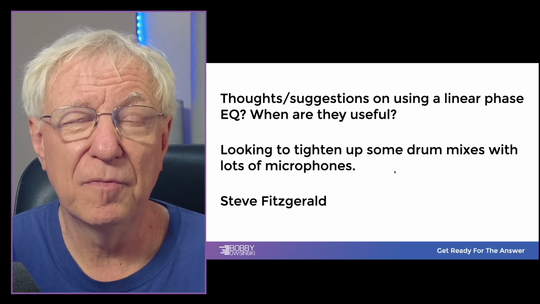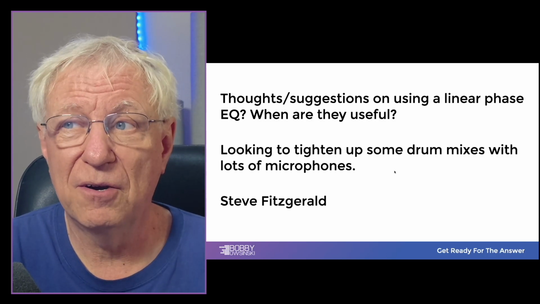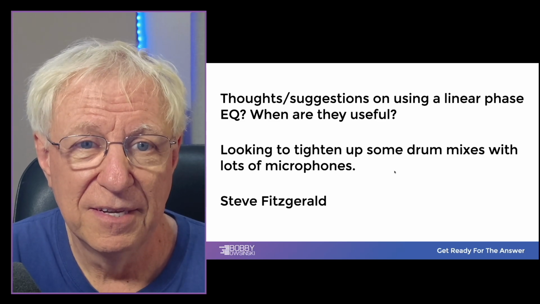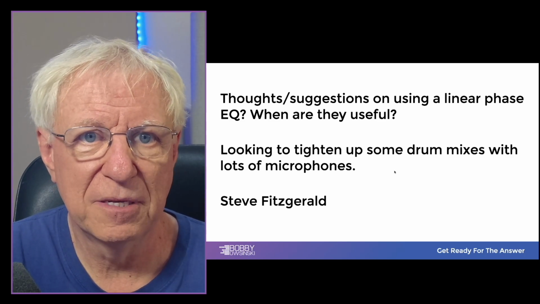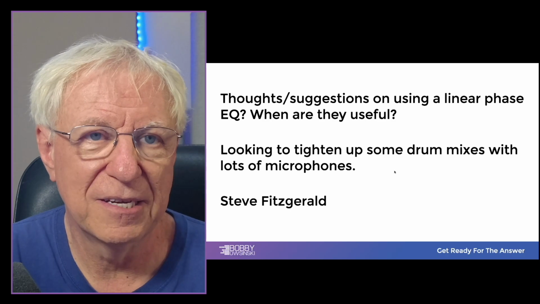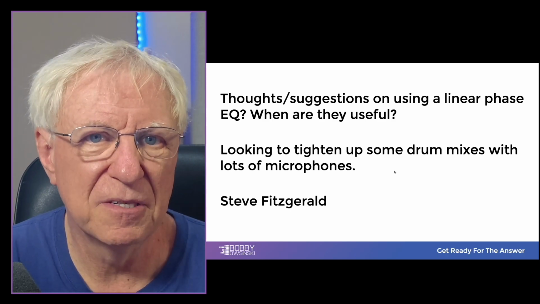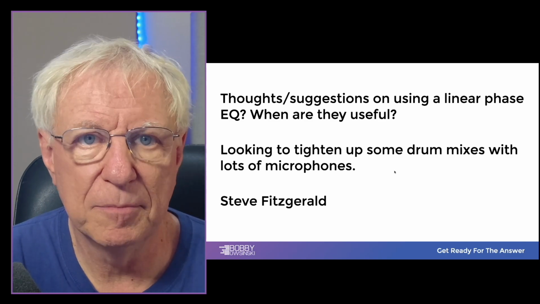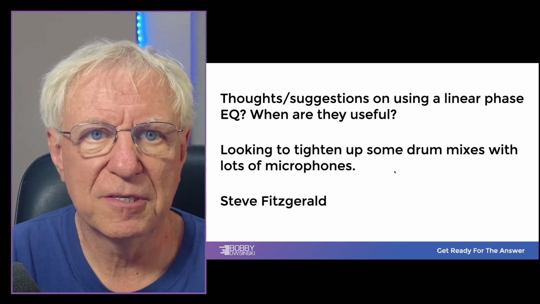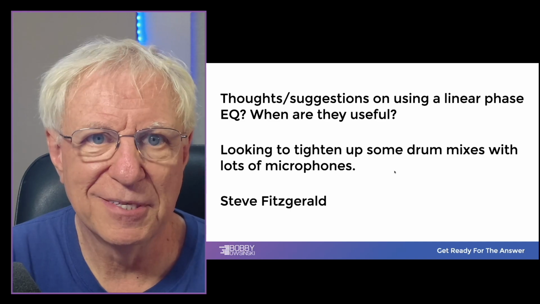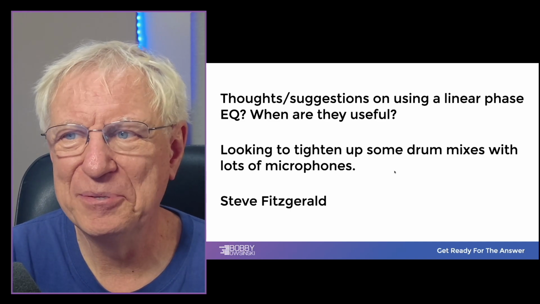Now, it turns out that some of the cleaner EQs are also linear phase. So it makes sense, but not because it's linear phase. It makes sense to use that because it's clean, and there's a certain time when you use that. Mix bus, for instance, mastering, would be good times to use it. Otherwise, there's a certain color that you get with EQs, and that's why we like them. That's why we use them.